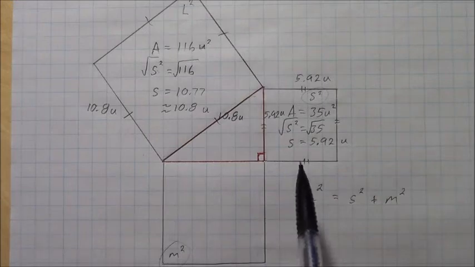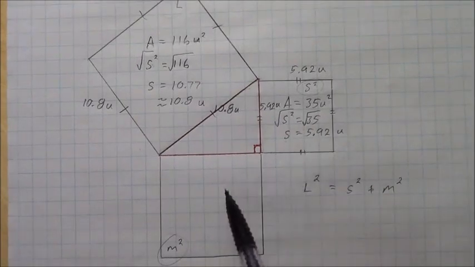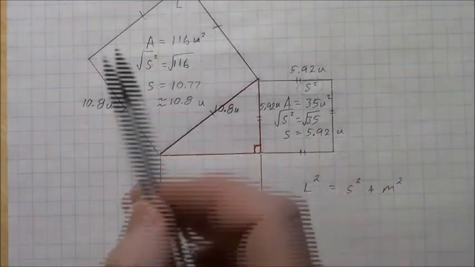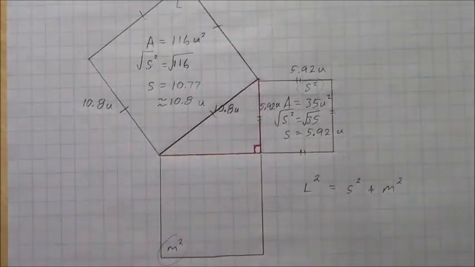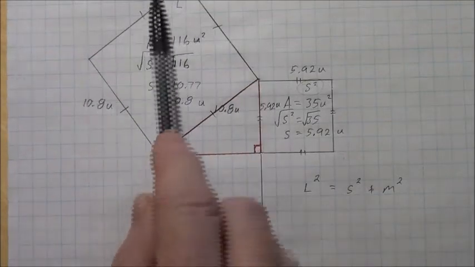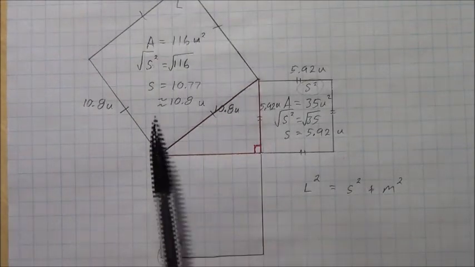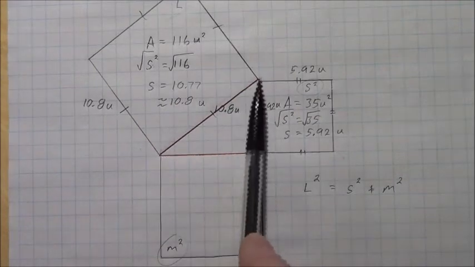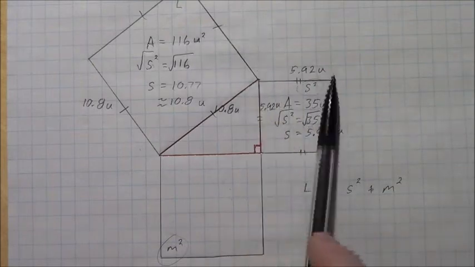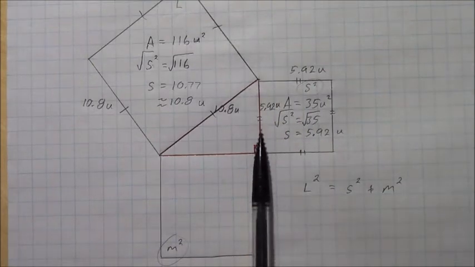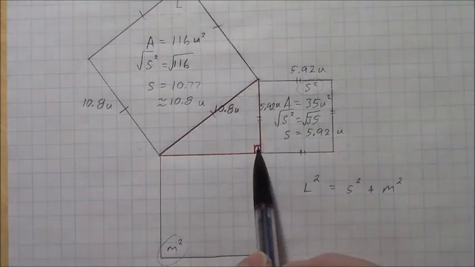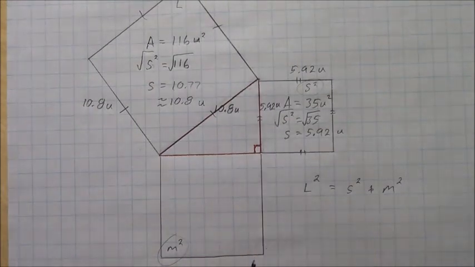So we know that if we were to take the areas of these two squares and add them together, we will get the area of the largest square. So in this case, we have the area already of the largest square, which means that we were able to find the length of the hypotenuse, and we have the area of the smallest square, which means that we have the side length of the shorter side of the triangle, the shortest leg of the triangle here.